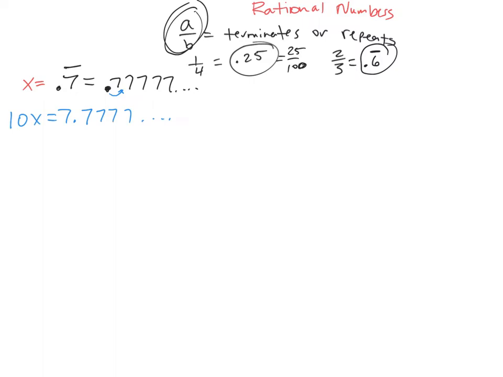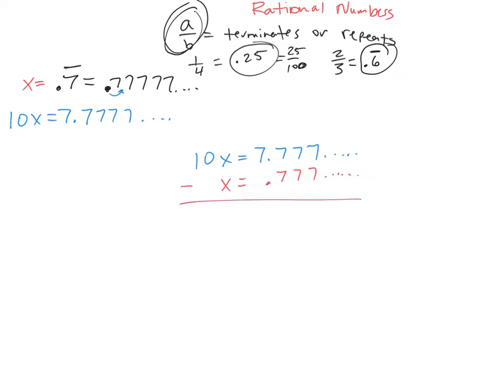Then I subtract the two, and here's why. So first of all, the 10 has to go on top. So 10x is equal to 7.777 forever. We subtract our x is equal to 0.777, and what happens? Two things happen on the left and the right. This is the part you have to pay close attention to.